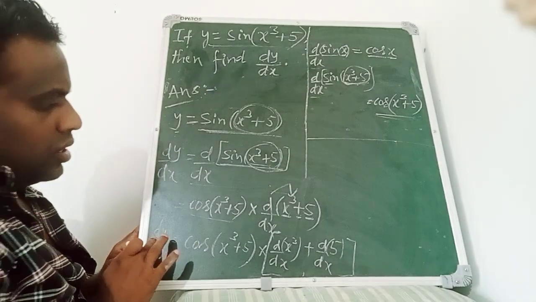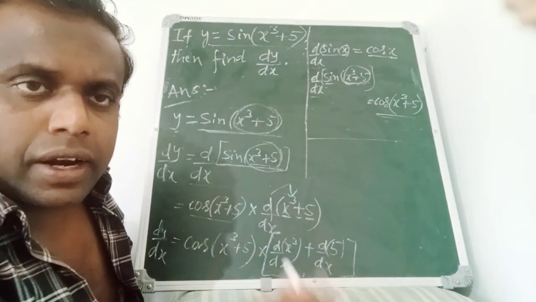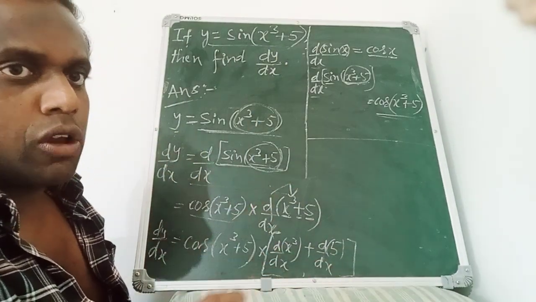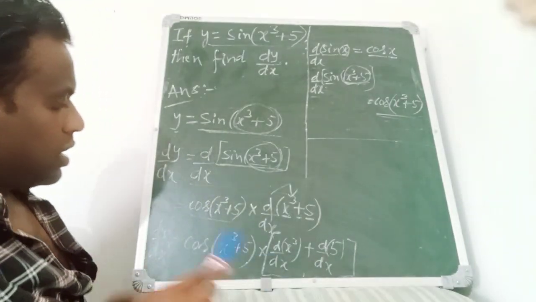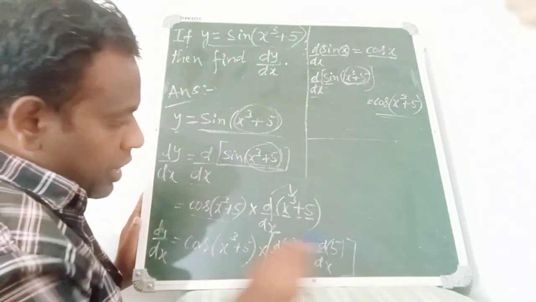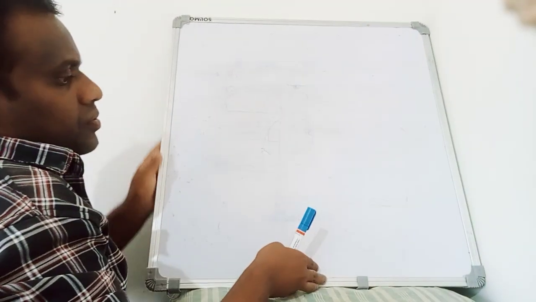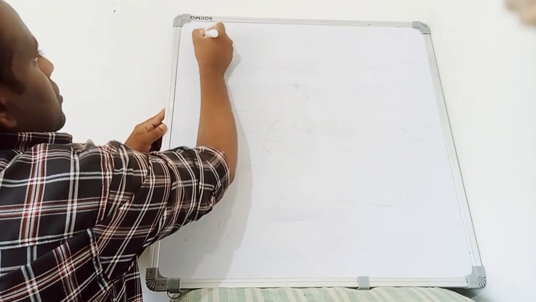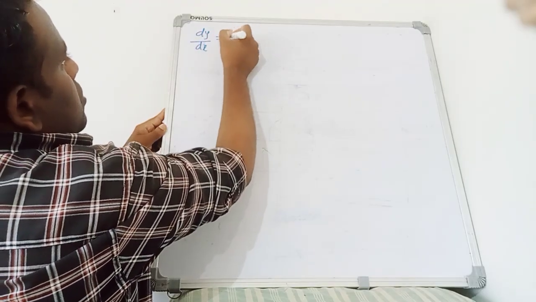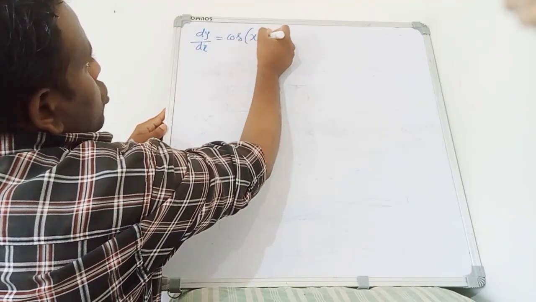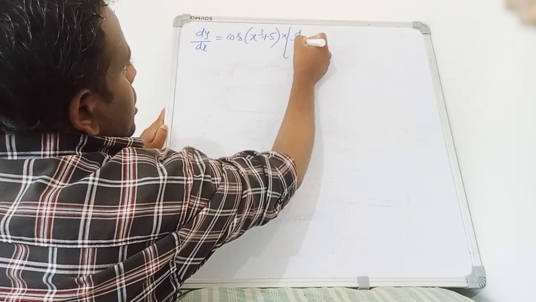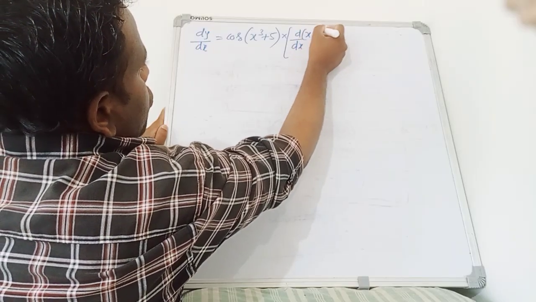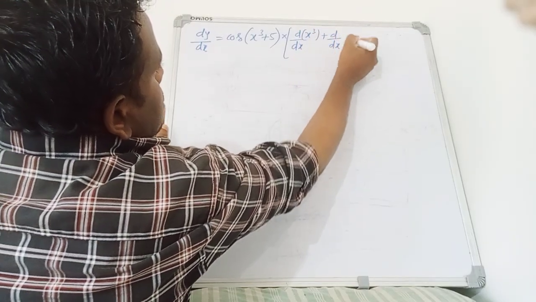So we got dy by dx equals cos of x cube plus 5 into bracket d by dx of x cube plus d by dx of 5.